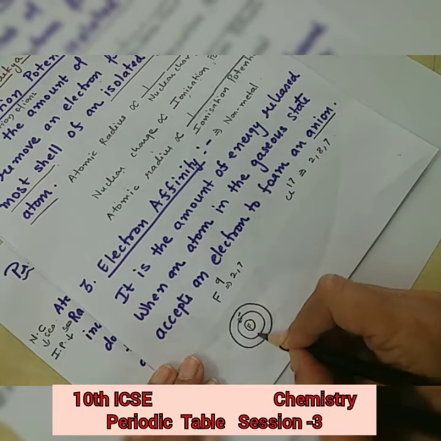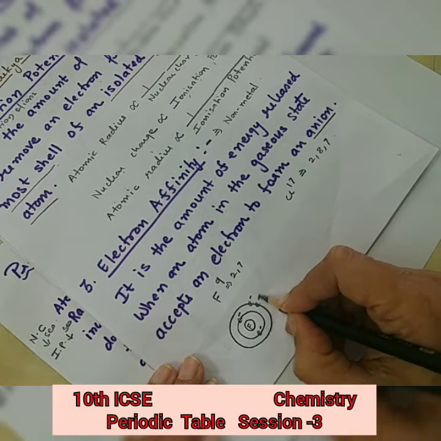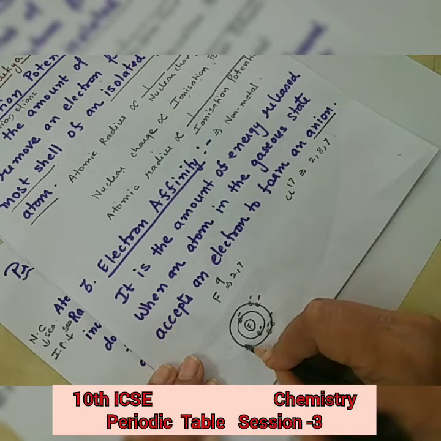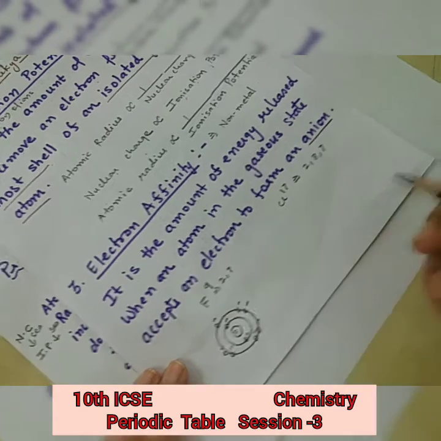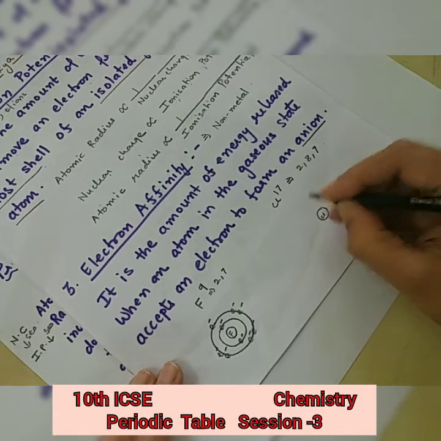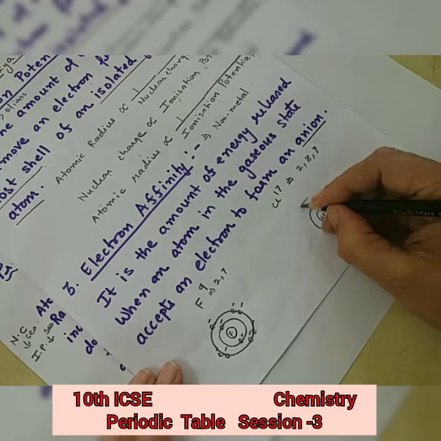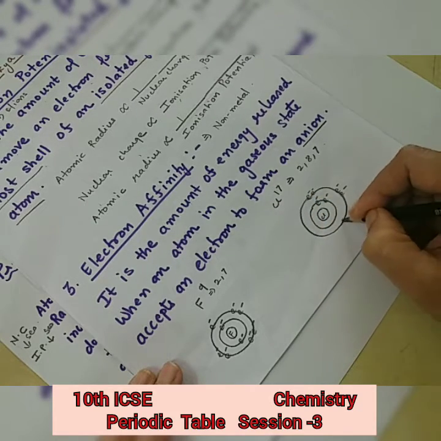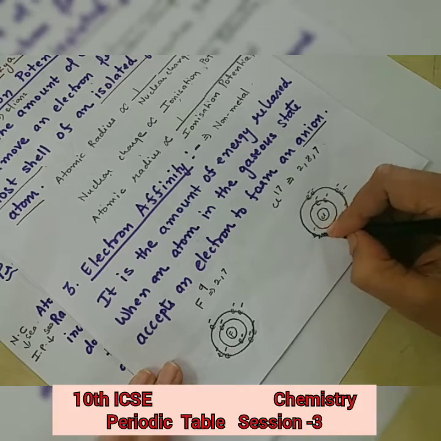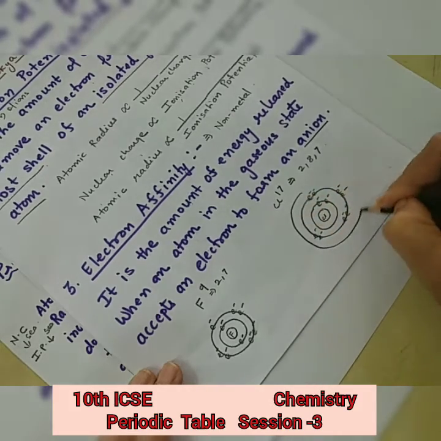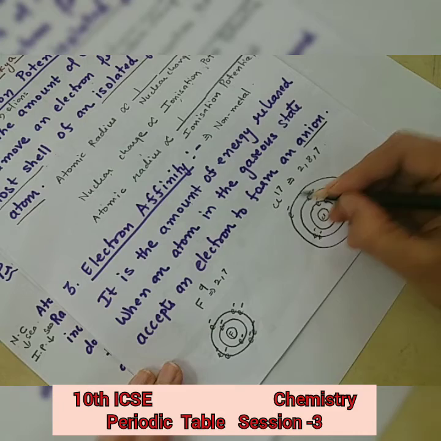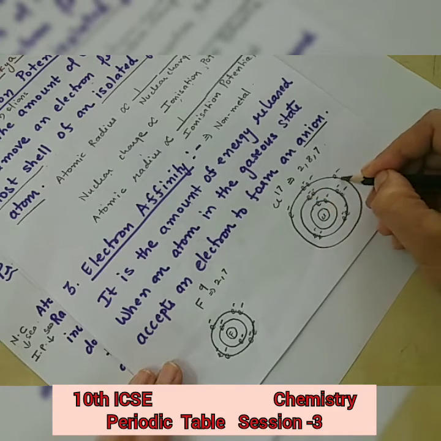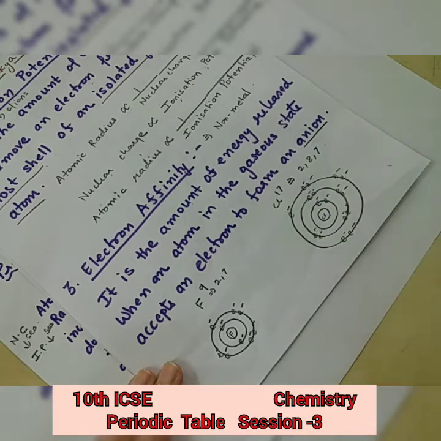So this is 2 electrons and here the 7 electrons. Now chlorine, 2 electrons in the first orbit, 8 electrons in the second orbit, and again 7 electrons in the third orbit.